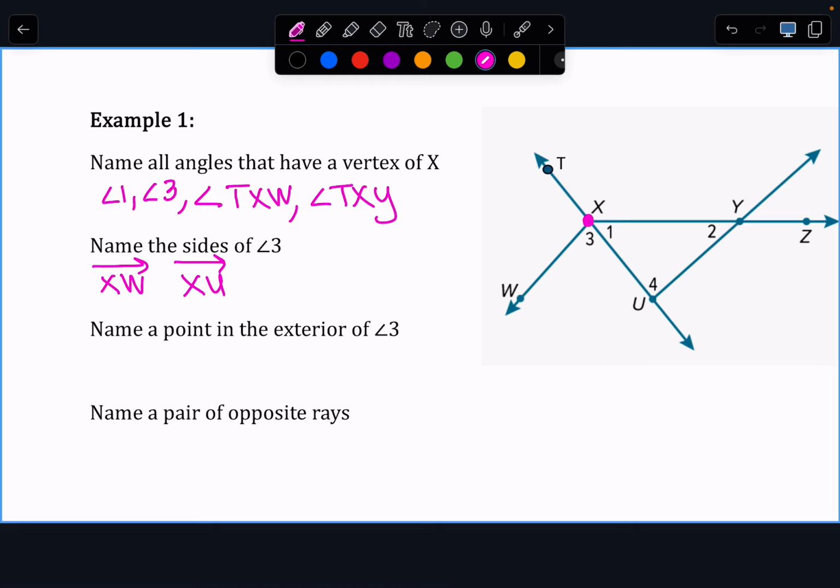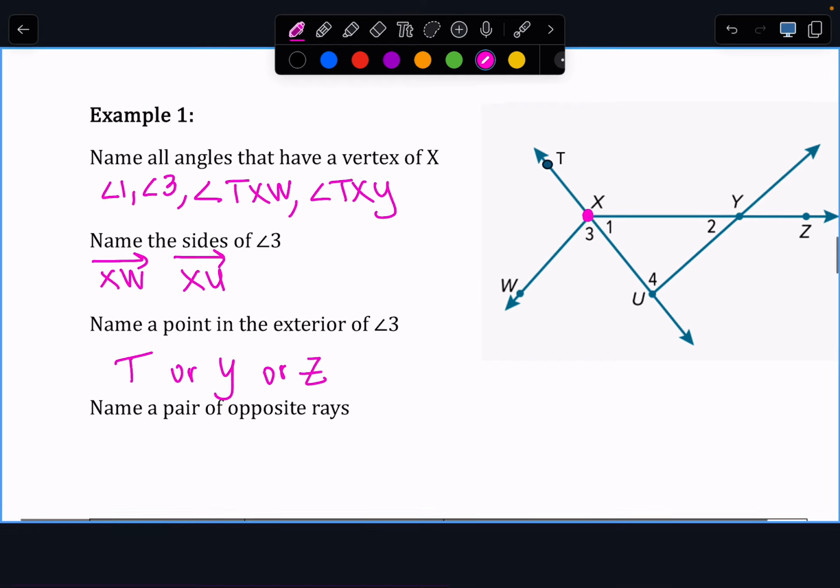Lincoln, can you give me a point on the exterior of angle 3? Point T. Did somebody have a different answer? What did you have? Y. Or point Z. Any one of those would work.